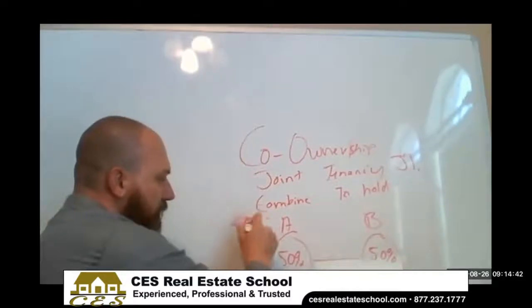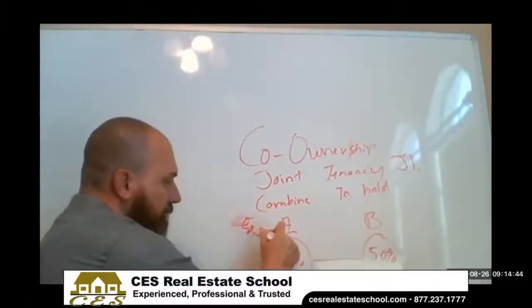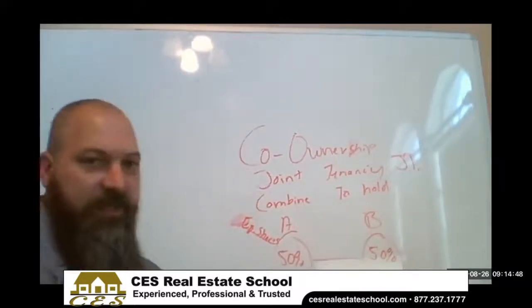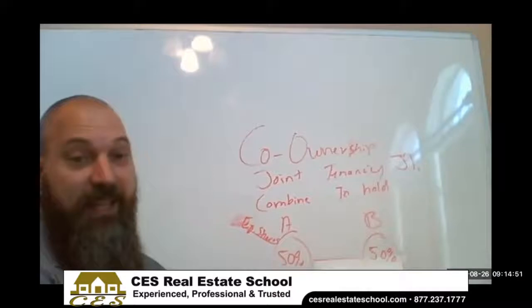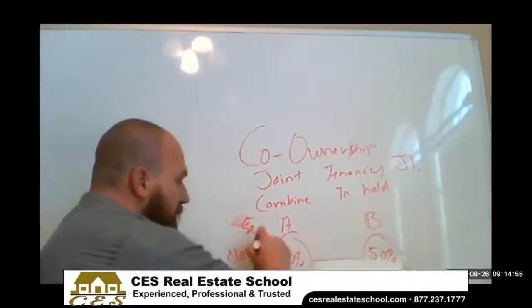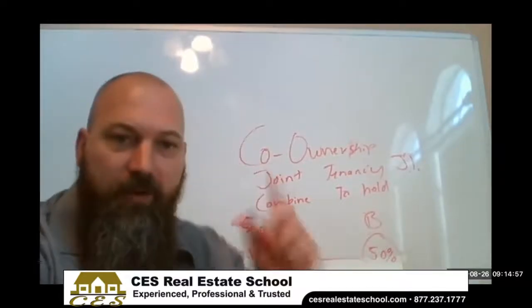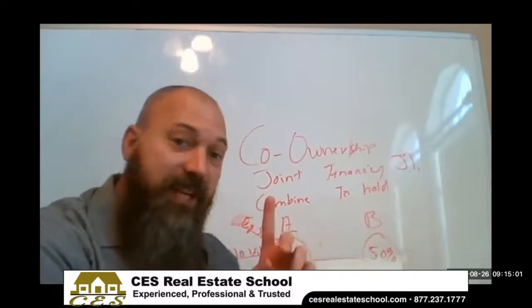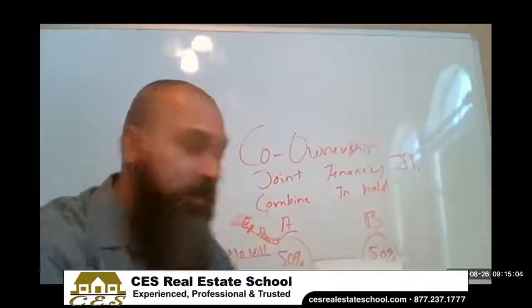Okay, equal shares. All right, now another thing when it comes to joint tenancy is no will. It's kind of the opposite of tenancy in common, right? So basically you can't will your half off to whoever you want. So why is that? The reason is because this is a key word that you guys want to remember.